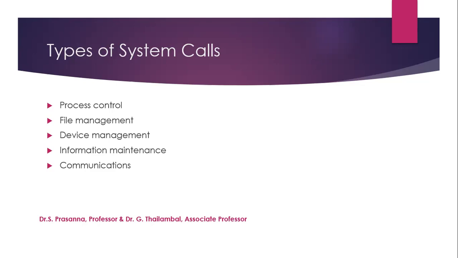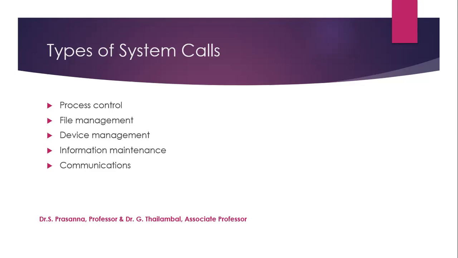Whenever you do any information maintenance, everything is passed as a system call. When you communicate between the OS and CPU, definitely you need to use a command, and the command will be taken as a system call, and the system call code will be generated for the corresponding number that you have given.